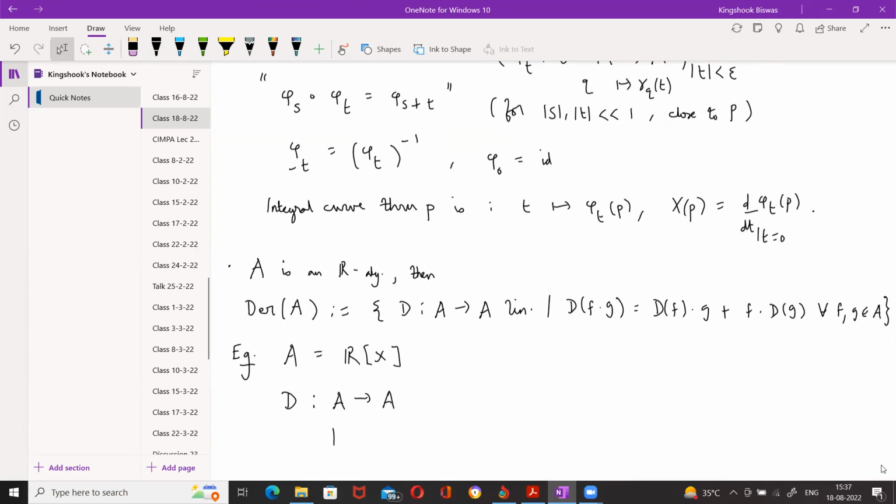So a polynomial p maps to dp/dx. Yes, this would be a derivation.